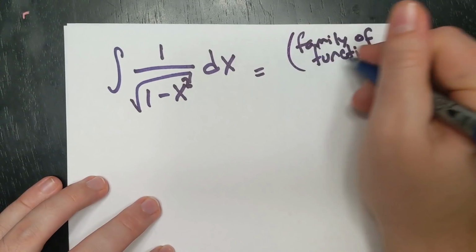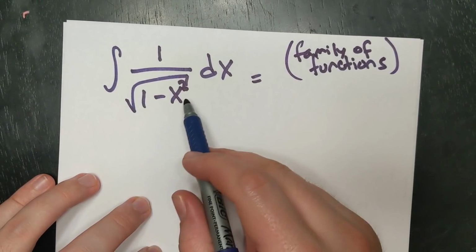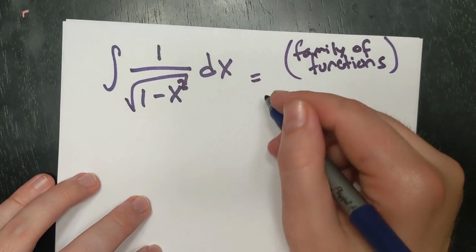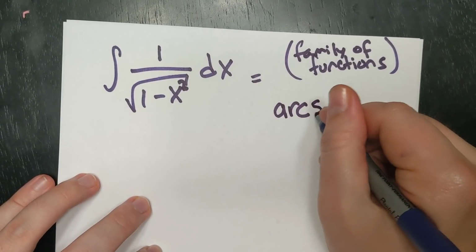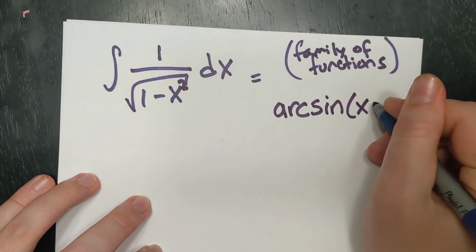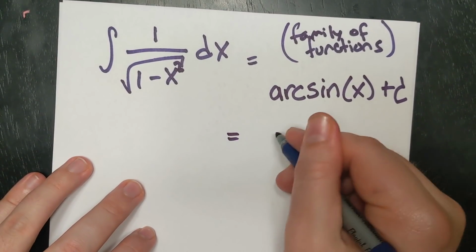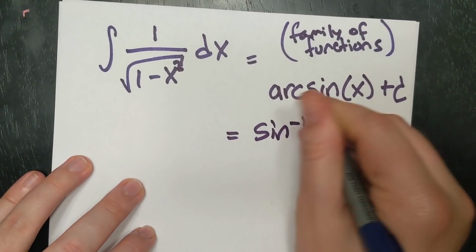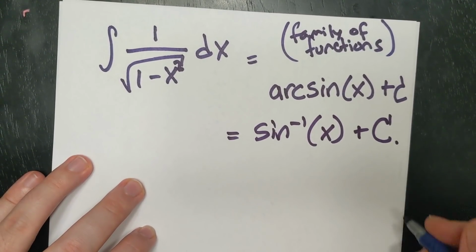So the plus c things mean you expect it to be a family of functions. And what is it? You just have to remember, this is the derivative of what? And if you happen to study this, you remember that's the derivative of arcsine of x plus c. Or you can call it sine inverse. Same thing. Sine inverse of x plus c.